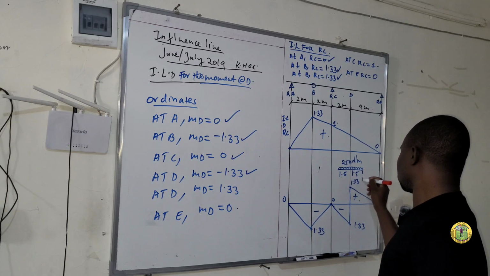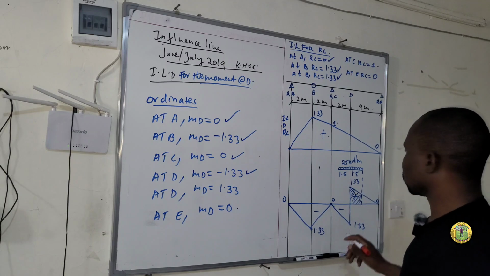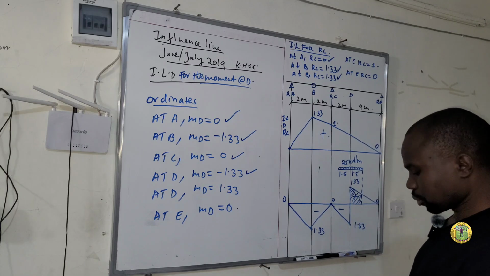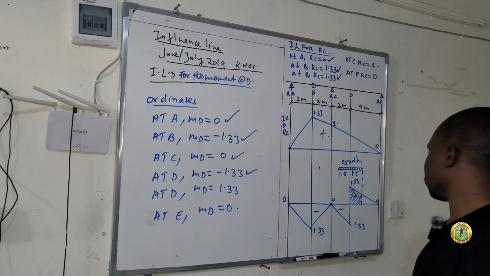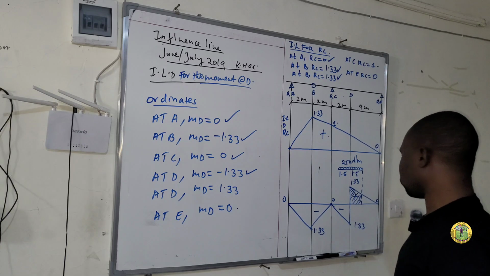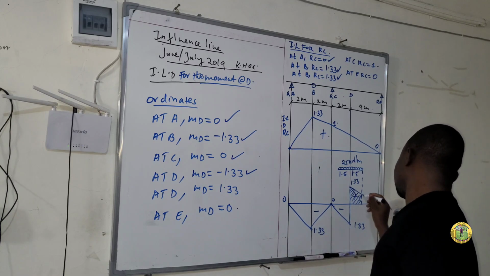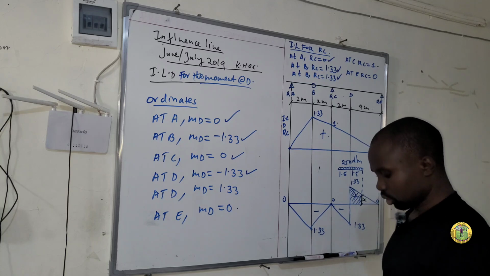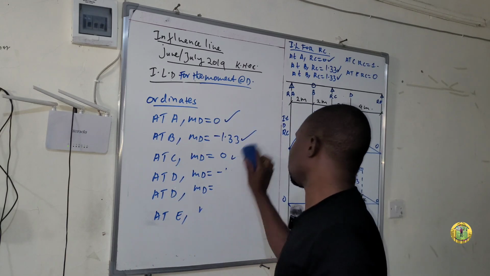So extend the line. So we are supposed to calculate the moment for this shaded region. Before you calculate the moment for this shaded region, let's first calculate this distance x. I will show you how to calculate this distance x.